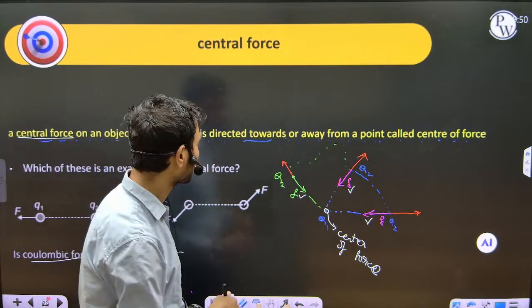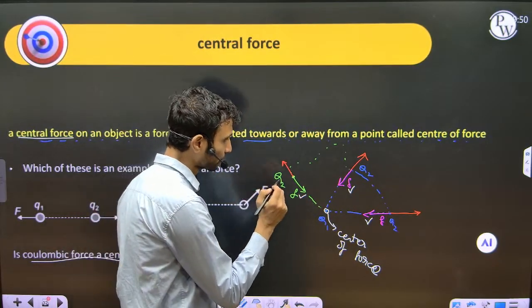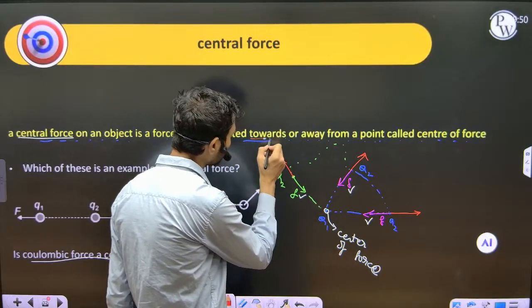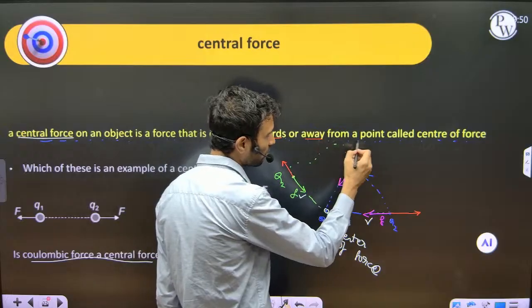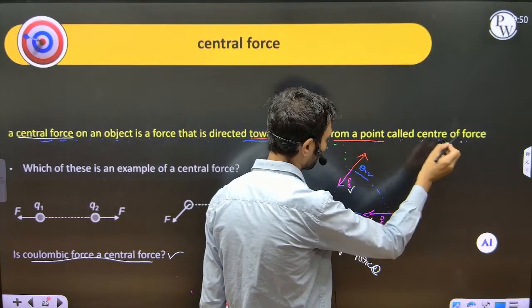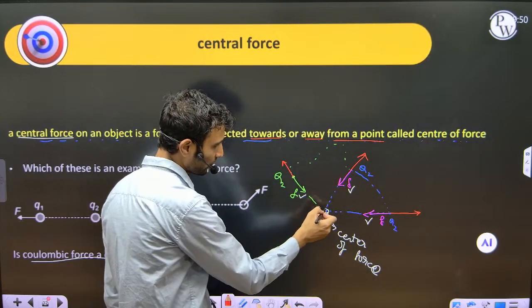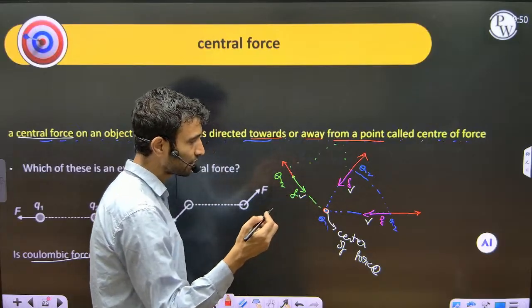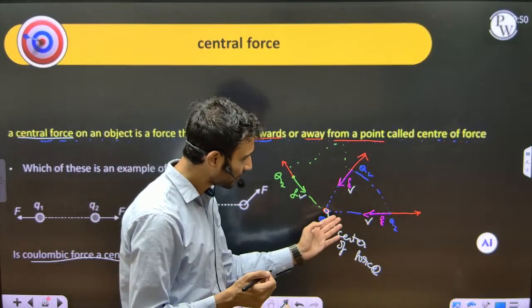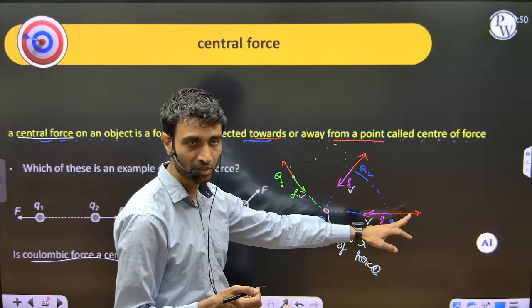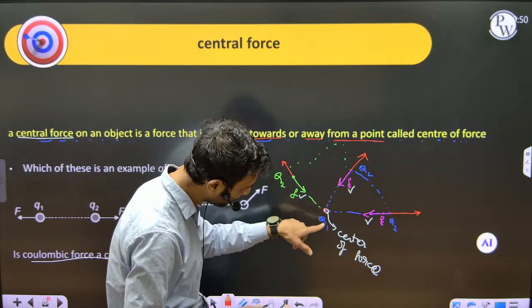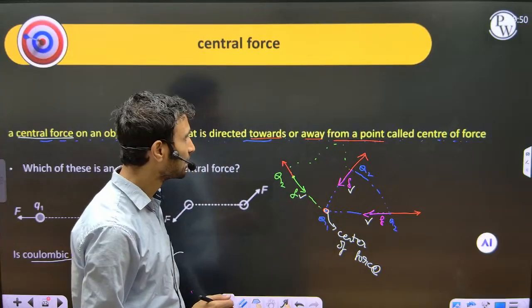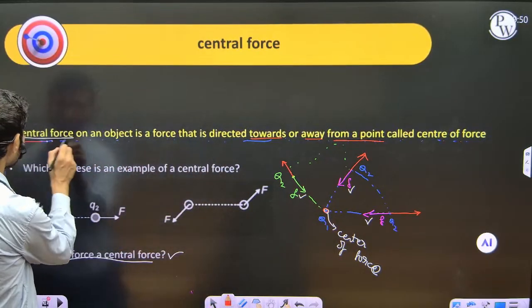So either the forces are towards or away from a point called the center of force. From a single point, that point is called the center of force. Such a force is called a central force.